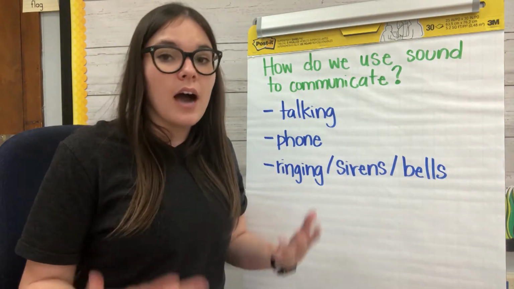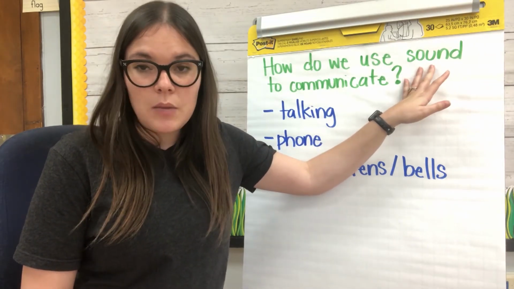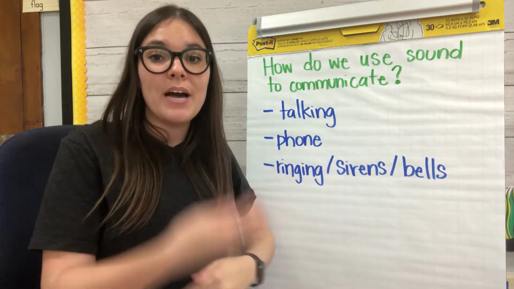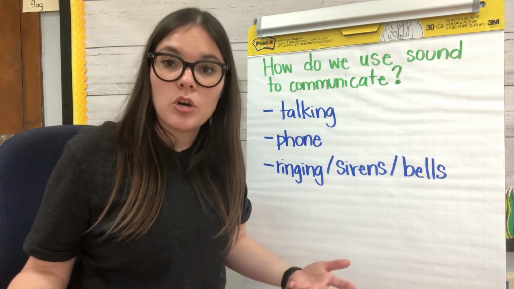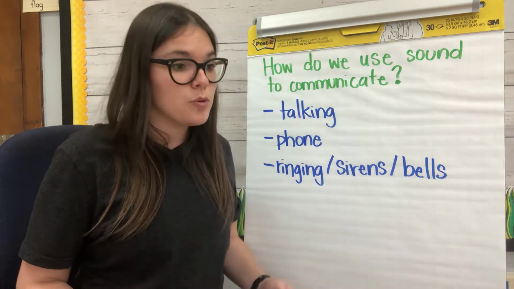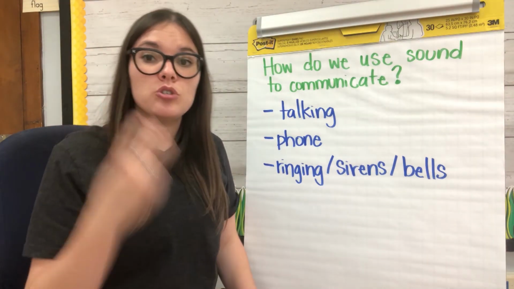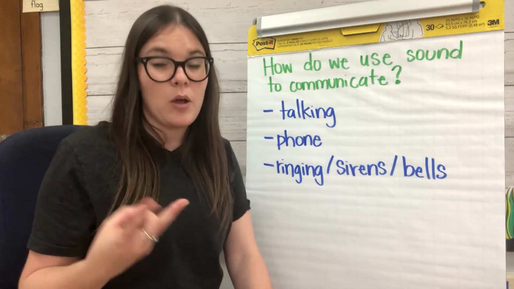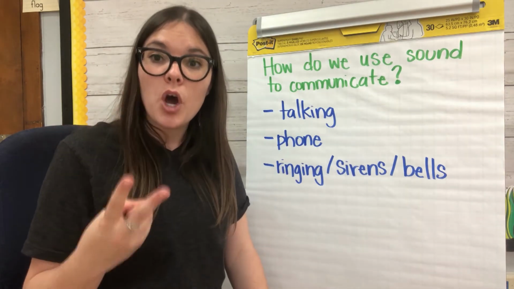So a lot of scientists have started out using sound to help us communicate, and then they started to get better and better by coming up with different codes to also communicate with one another and with technology. It's super, super cool. So we are going to practice those two different ways to communicate. One using sound and another using coding.